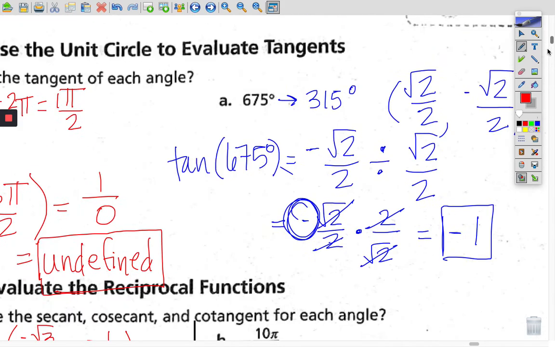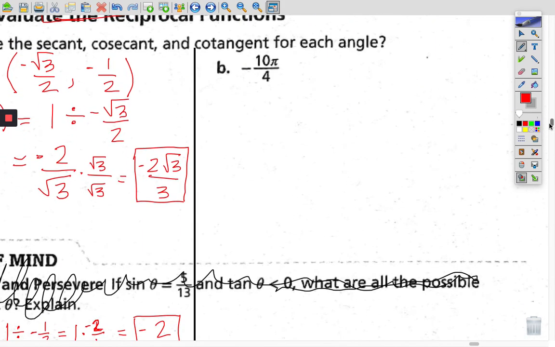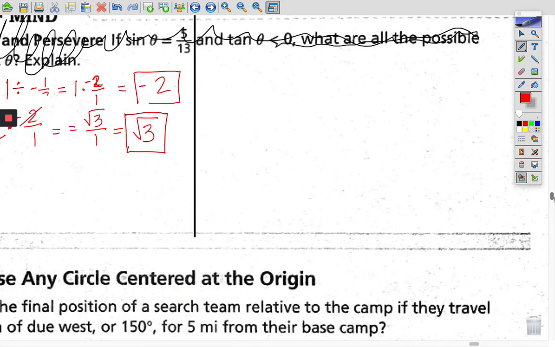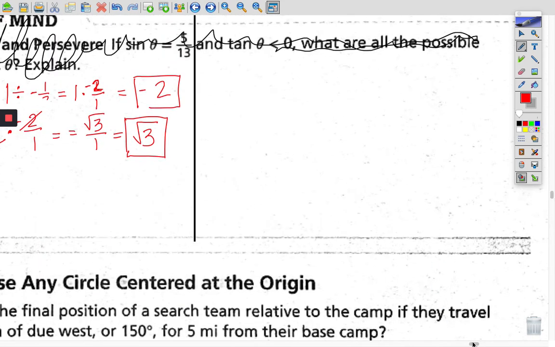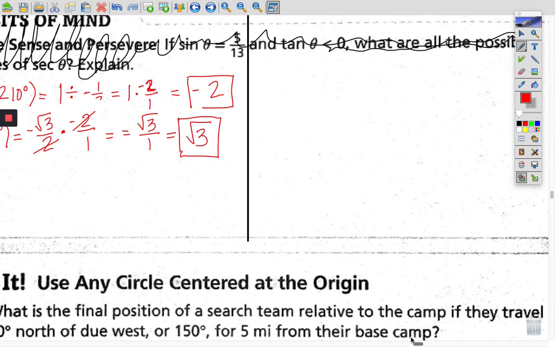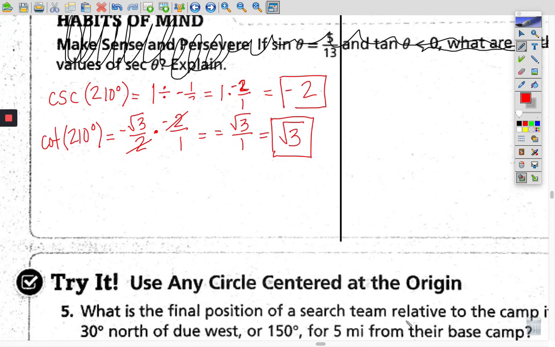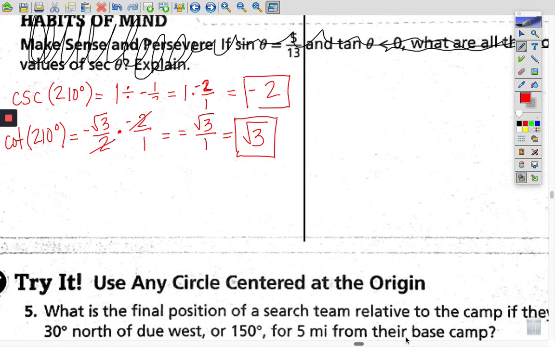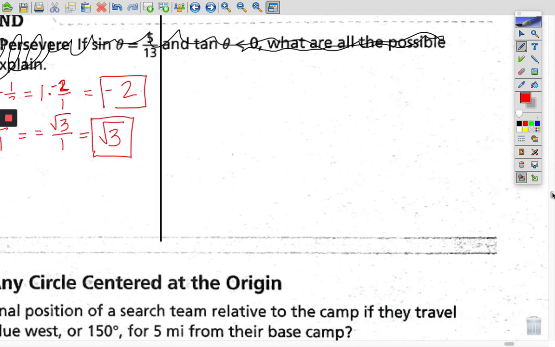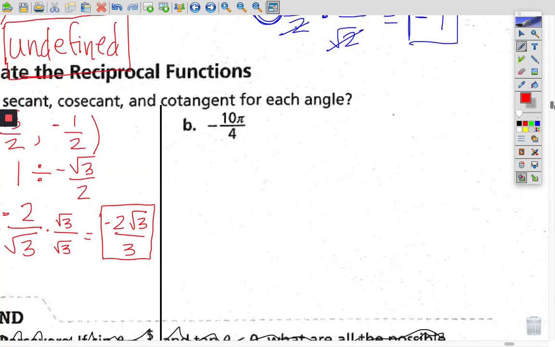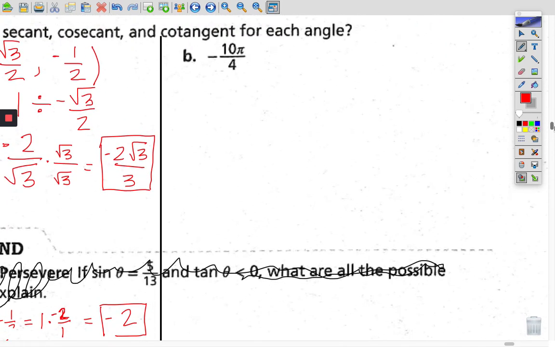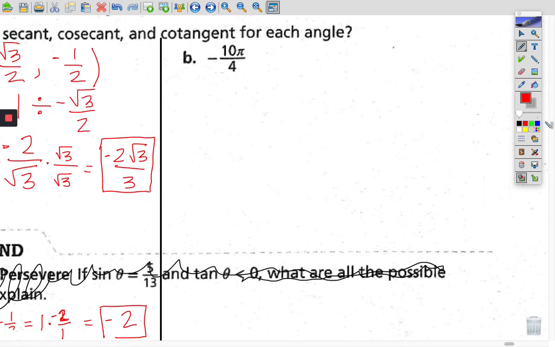All right, now we're going to find the cotangent, cosecant, and secant for each angle, but this is negative, so we're going to add 2 pi to it. So plus 2 pi.